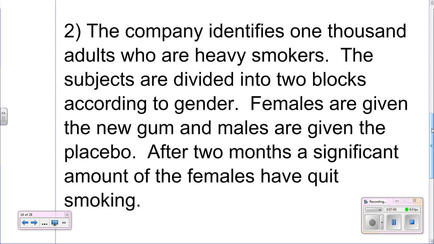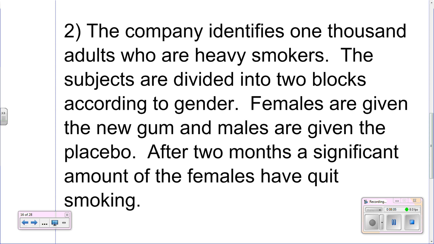It could be something to do with hormones that it's stopping. It's helping the females to stop smoking. It could have something to do with their genetic makeup. Because of that, we cannot use this as a proper design experiment.